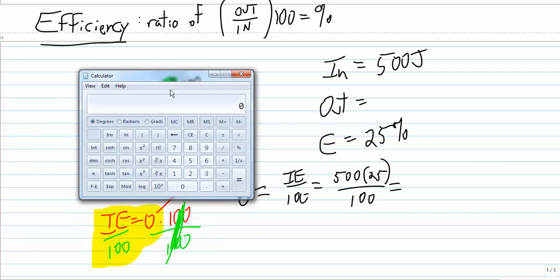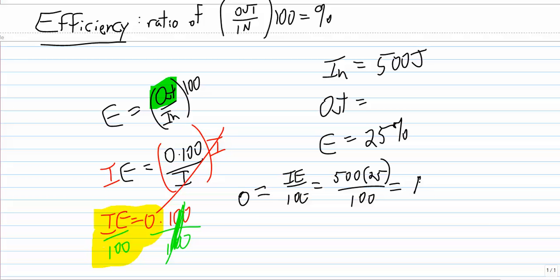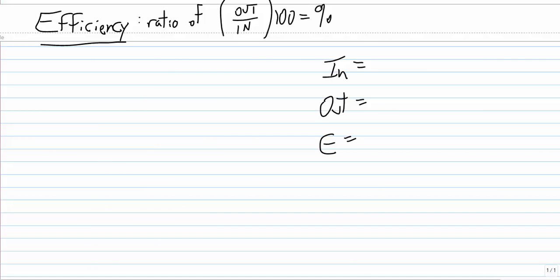So I'm going to go 500 times 25 equals divided by 100, and I get 125. 125 joules. So if you put 500 joules into a 25% efficient machine, you will get out 125 joules worth of work.